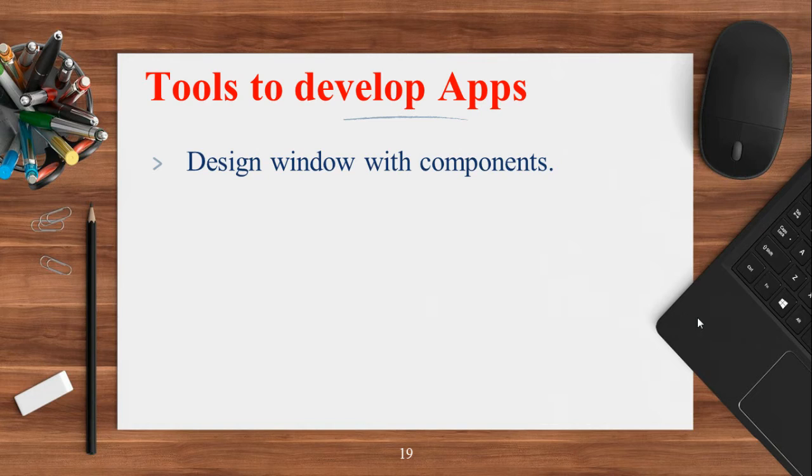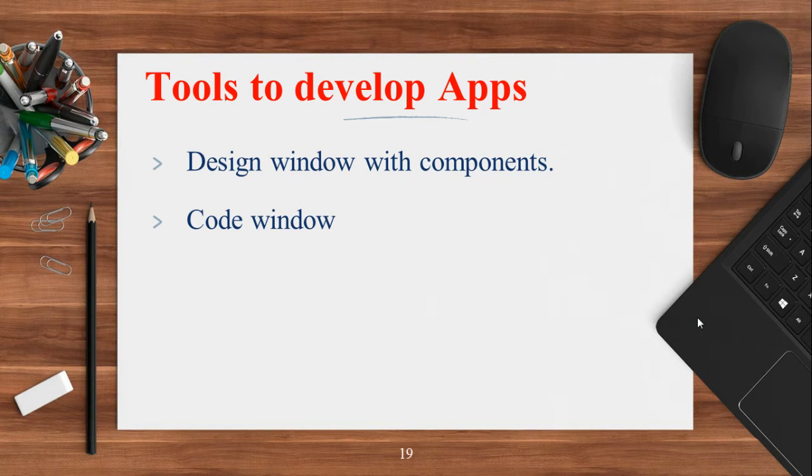They will draw a structure, how the building looks. The same way here, for an application, you must design the basic components. Using some components, you have to design a basic thing. So that is called the design window. In this window only, you're going to design what is needed for your application. Okay. So this tool is very important.